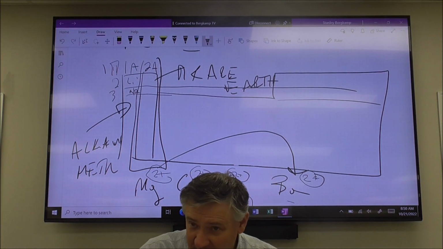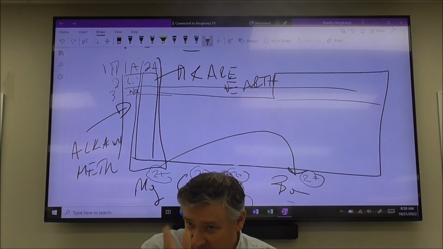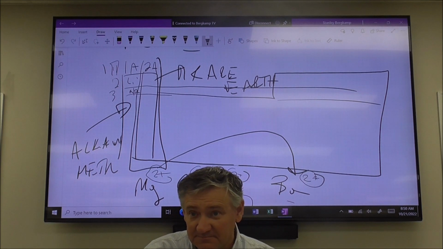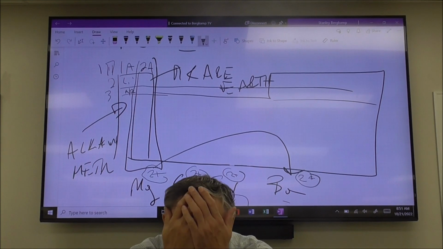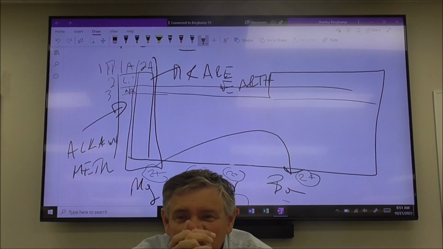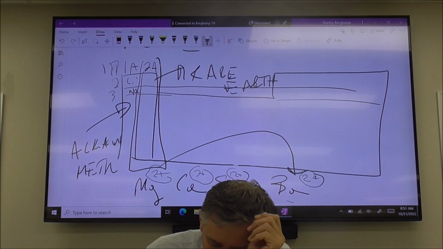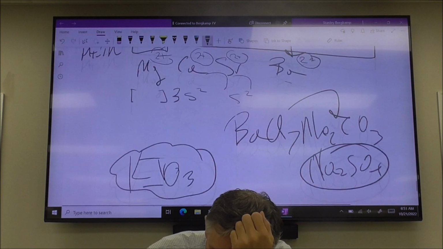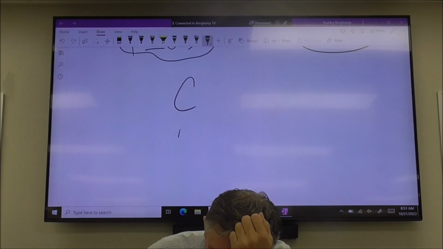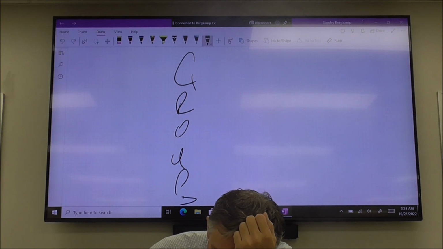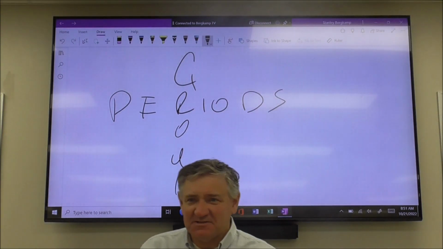So Carter, when I'm talking about a group, am I talking about a vertical stack of elements or a horizontal stack of elements? Vertical. Let me give you a visual. Groups go up and down. Periods go across.